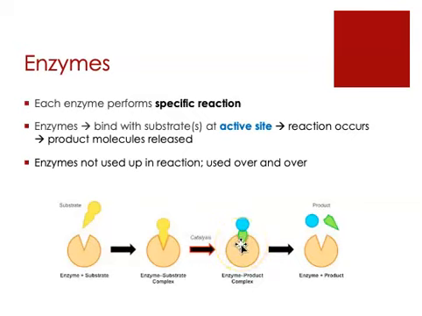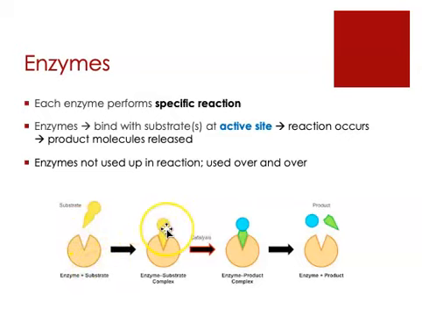Once the substrate becomes product, the product is going to be shaped just a little bit differently than the substrate is. So the product molecules don't fit as nicely in the active site, and they will thus get released. It's the release of the product from the enzyme that allows the enzyme to go back to its original shape. And now this enzyme is ready to do the same thing all over again.